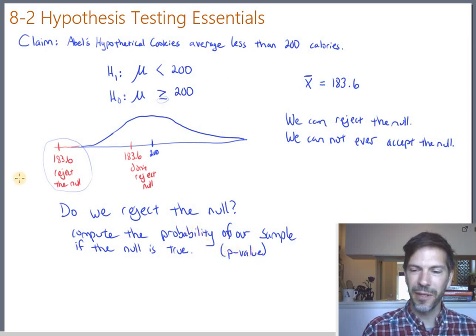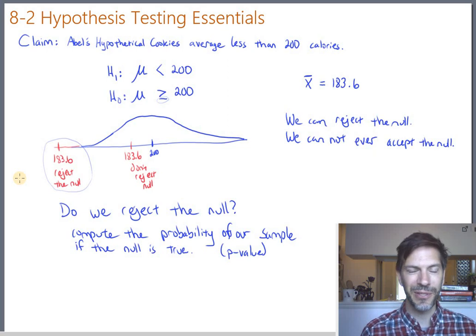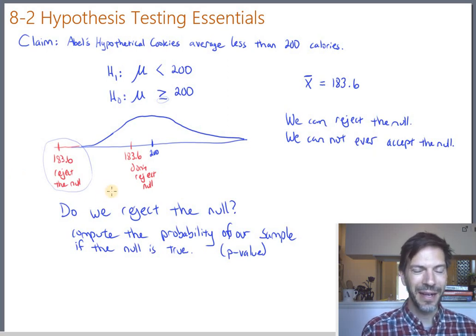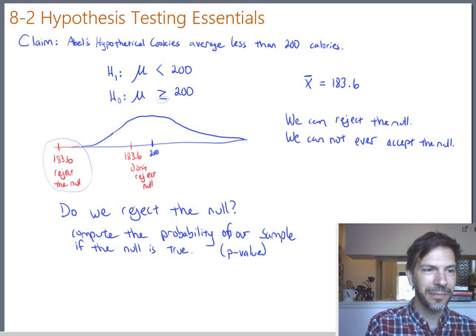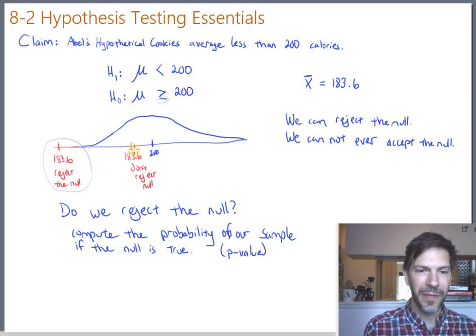And again, we're not really getting into crunching those numbers until the next section. But let me just say right now that if 183.6 does turn out to be here, the p-value, the probability of that happening based on this blue curve, is probably pretty good.